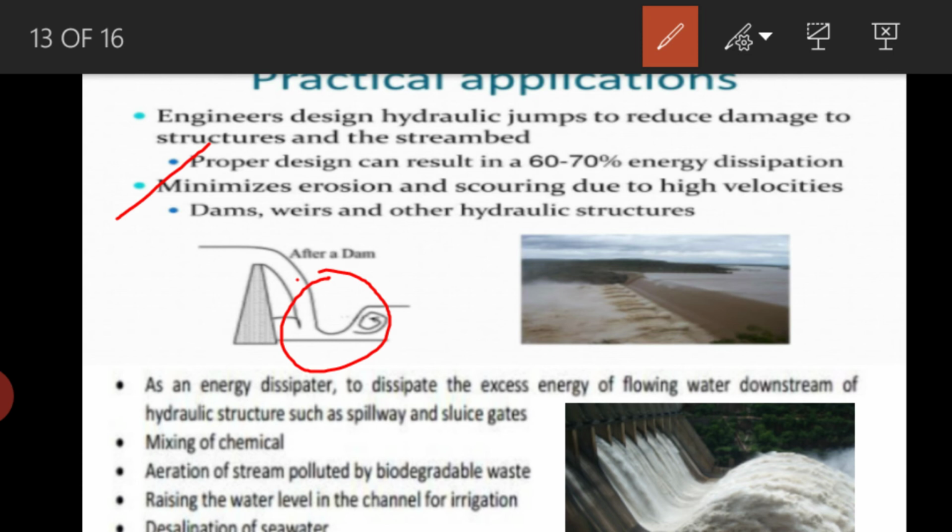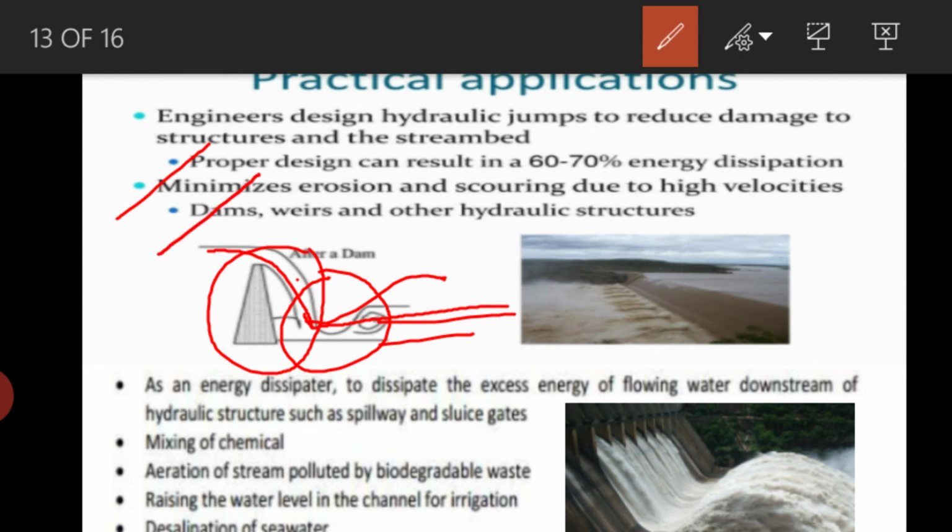As I explained, the flow has huge kinetic energy and it is moving with the same energy. It may scour or erode the bed and banks of the channel. Hence, in turn, it affects the stability of the structure. So by creating the hydraulic jump, we can prevent the erosion and scouring due to high velocities. That is in the case of dams, weirs and other hydraulic structures.